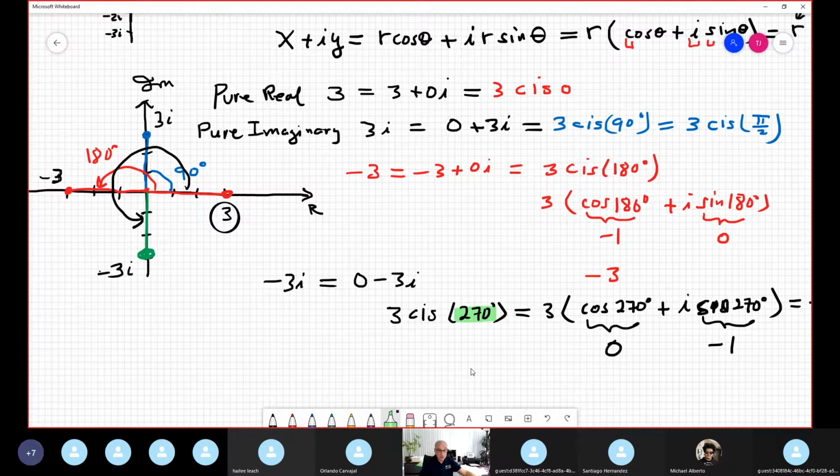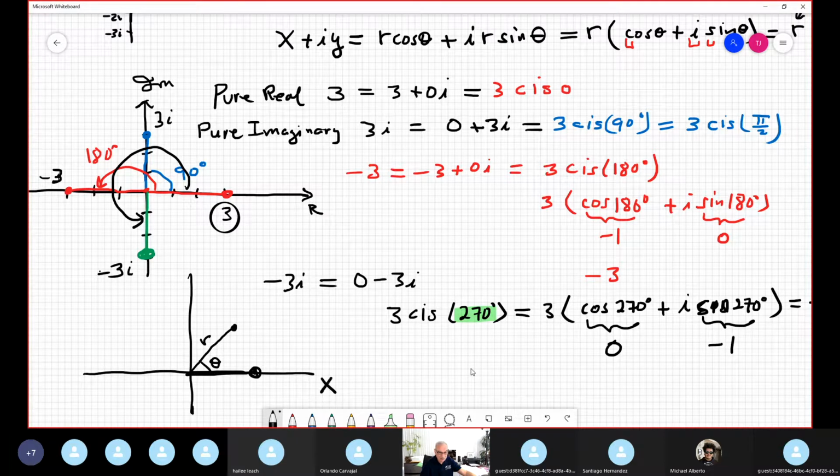Absolutely. The angle, I try to express it here geometrically. Suppose in 3, the angle is 0, because theta is the angle always. This is the real axis, this is the imaginary axis. This is one complex number here. This is r distance, and this is theta. So if we have one number that lies exactly on the x-axis, it's because theta is 0. Look at that.